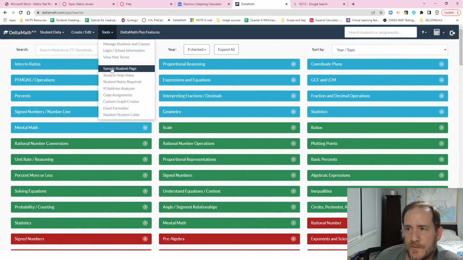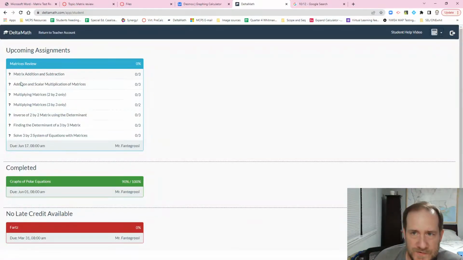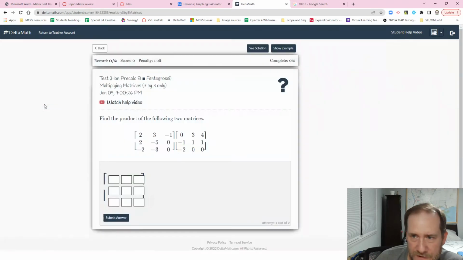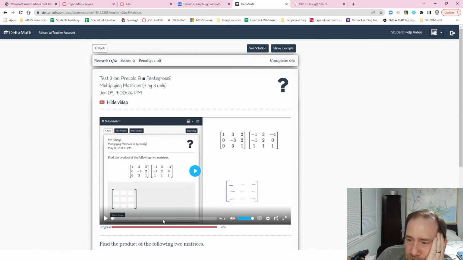You could go to whatever our page is, pre-calc. And there's still this assignment up for matrix review, right? So I don't know what you want to practice, but if you wanted more practice multiplying 3x3 matrices, click on this. Here's a problem. Do it. Enter all the matrices and say submit. You've got these videos too, so if this video featuring me isn't good enough and you forget how to do this, you could watch this video, see if this gentleman's any better.